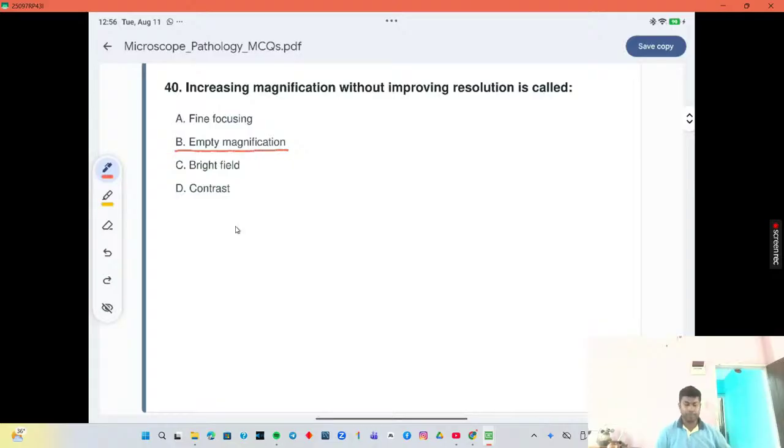So this type of magnification is known as empty magnification, in which we increase the magnification, but we cannot distinguish between two objects or two things because we are not improving the resolution. So we are just increasing the magnification, but we will not be able to see anything.